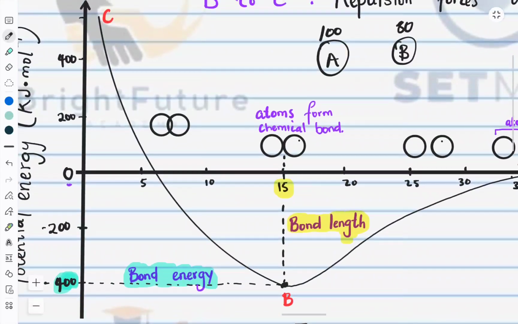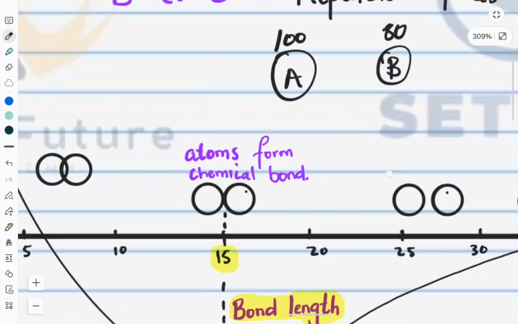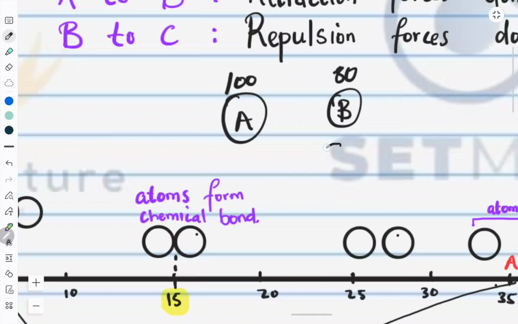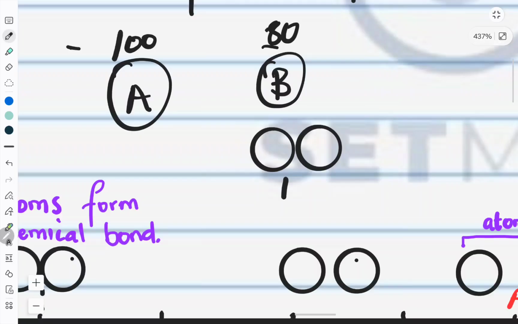Now for them to combine, when they finally reach that stable state, which is when they reach point B and form the bond, the potential energy of the system will be less than the individual potential energies of these two atoms. Maybe it is a value of, say, 70.